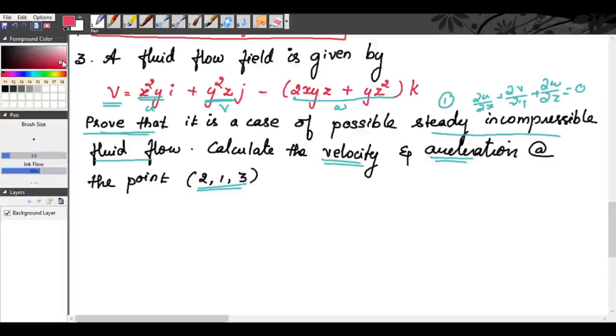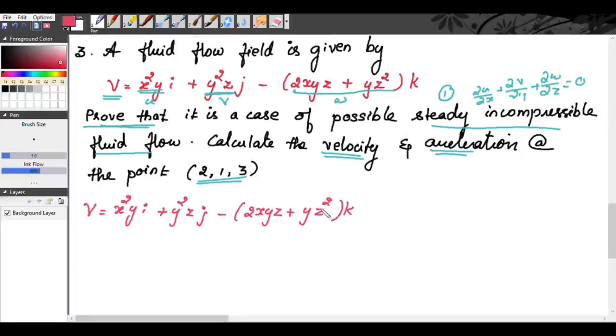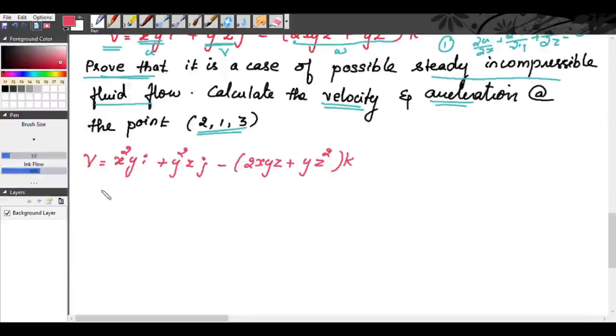The given velocity is v is equal to x square y into i plus y square z into j minus 2xyz plus yz square into k. So from which we know u is equal to x square y, which implies dou u by dou x is equal to 2xy.